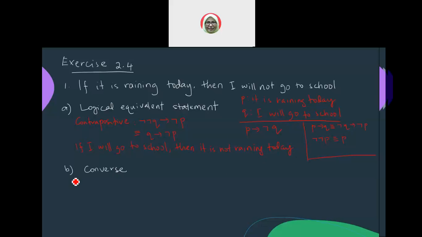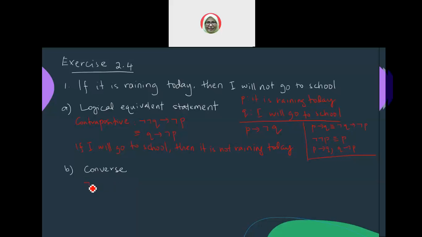Okay, so next one is to get the converse of this conditional statement. Remember the converse: P implies Q, its converse is Q implies P, right? So follow this form, Q implies P. So the conclusion becomes the hypothesis, right?